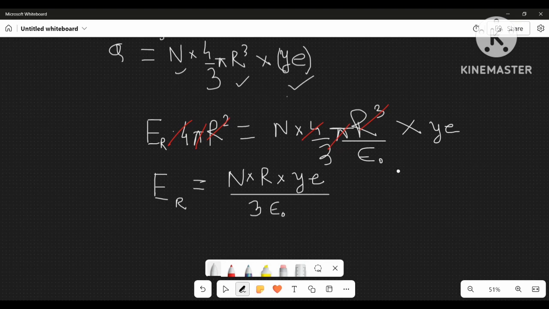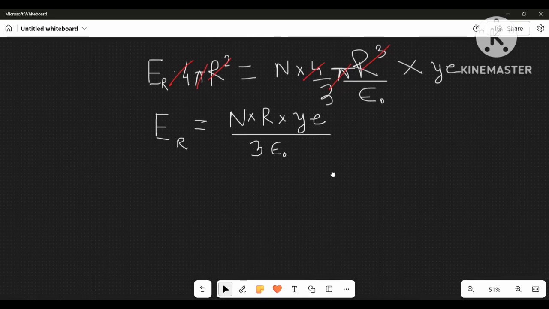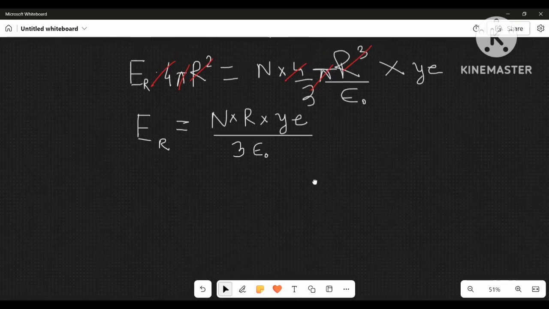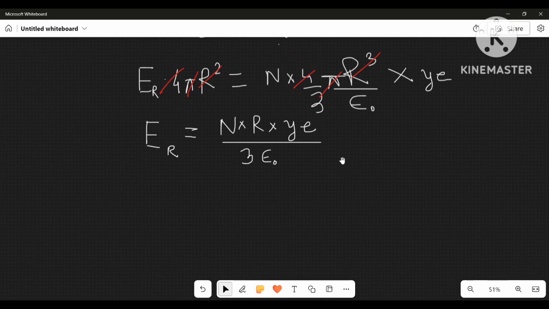This is the expression of the electric field at a distance r from the center of the universe, right? This much I hope is clear.